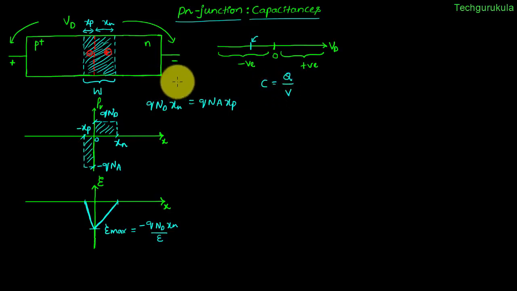But in this case, we are not actually interested in how much is the charge stored in the PN junction for the applied voltage. Instead, we are actually interested in finding out, for a change in the potential, how much is the change in the charge stored in the device. That is the capacitance which we are interested in.